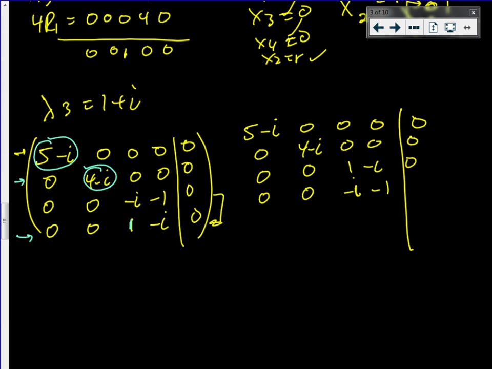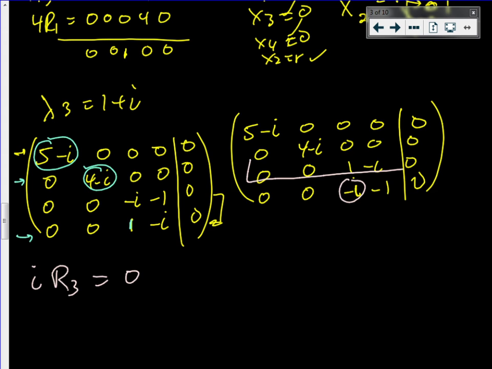Okay, 0. Now somehow I want to get this negative I to become 0. So I'm going to multiply the third row by I. 0 times I is 0. 0 times I is 0. 1 times I is I. And I times negative I, that's negative I squared.